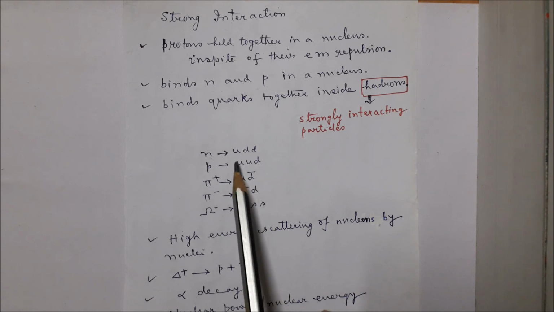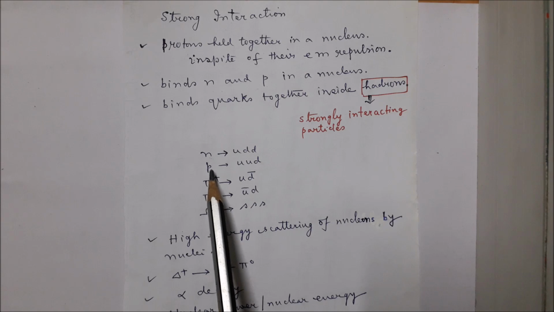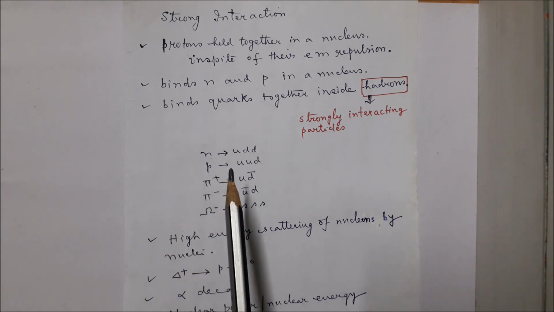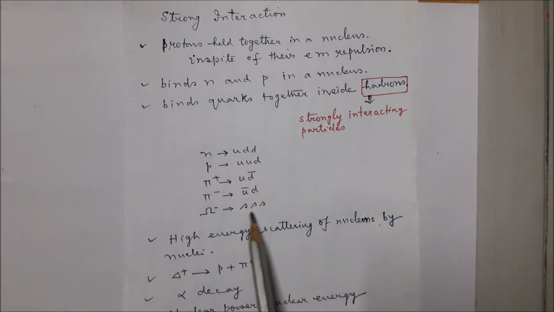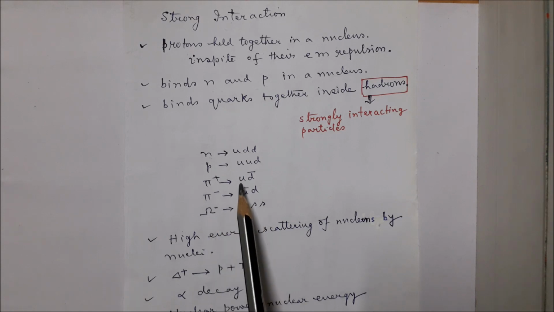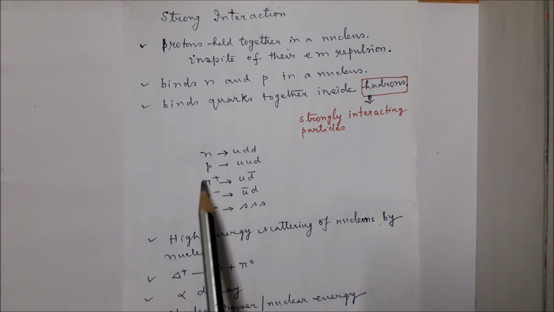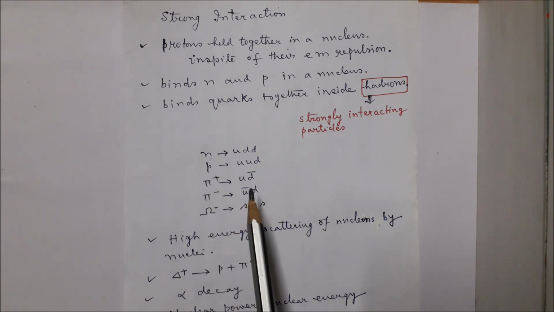U, U, D are tied up and a proton is produced. Strong interaction forces three S quarks to build an omega minus, another elementary particle. U and D bar are bound. They interact in such a way that a pi plus, or a positive pion, is produced. So strong interaction occurs between quarks.